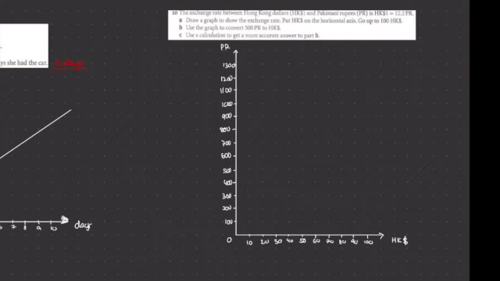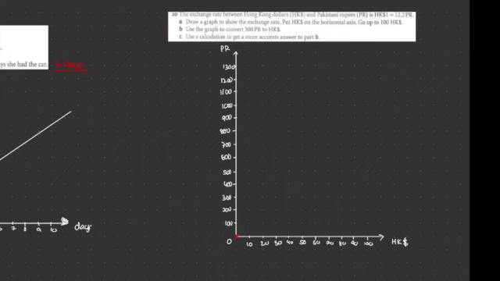So 0, 0 would definitely be a point, because with 0 Hong Kong dollars you get 0 Pakistani rupees. Now we just need to find another suitable number. Going up to 100 Hong Kong dollars should be 1,220. So it should be about here.